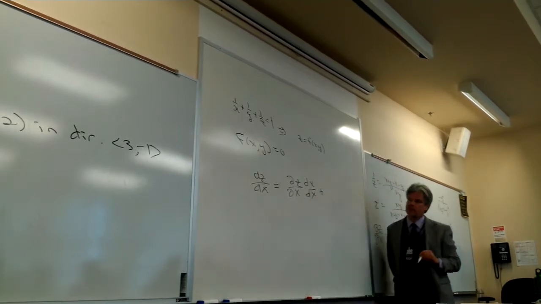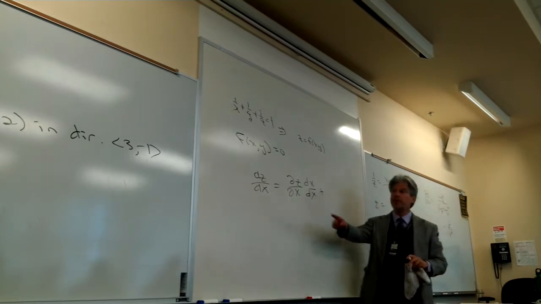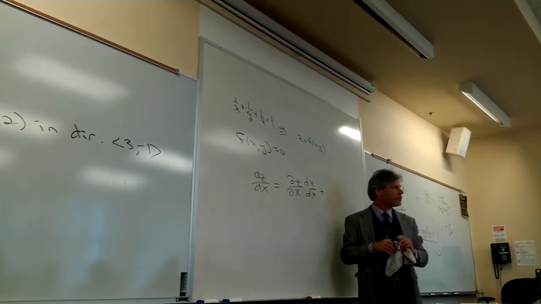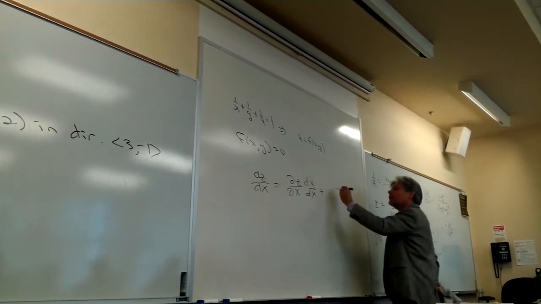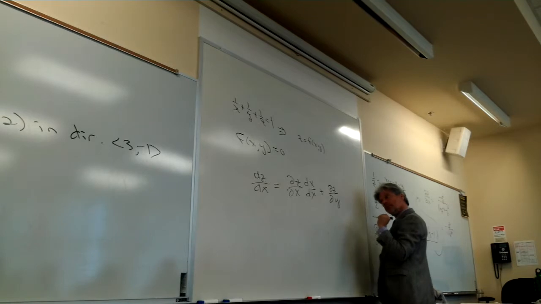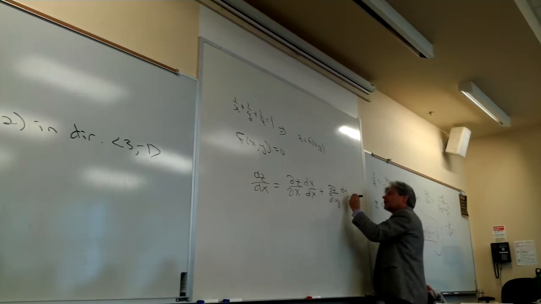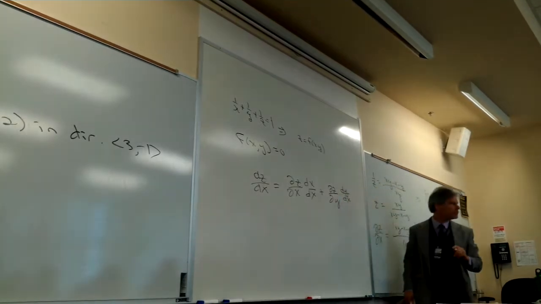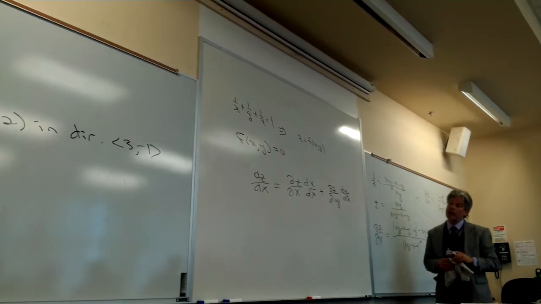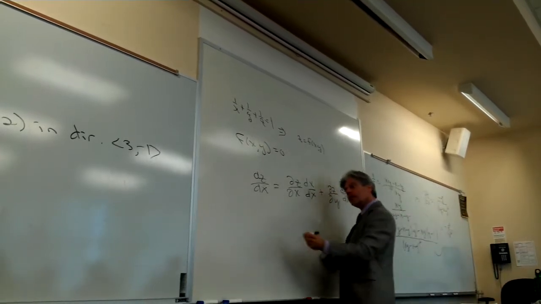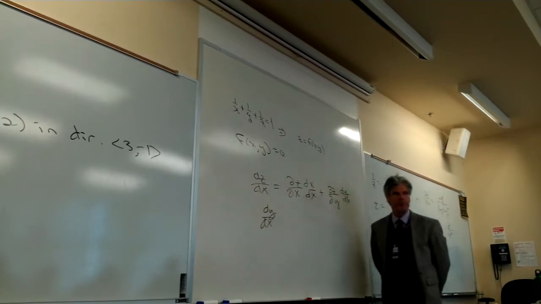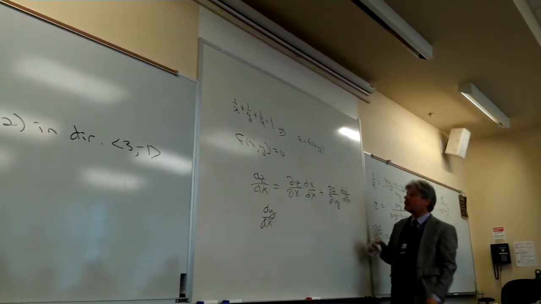I'm being careful, these are d's, these are partials. Now, if I were to isolate dy/dx in my equation, wouldn't I get this? So isolated what you see circled.